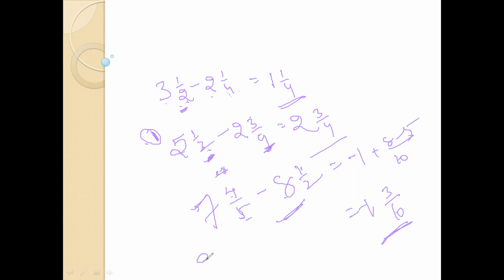Suppose the values are in this form: 9 1/2 minus 7 3/5. Here the half value is 0.5 and 3/5 is 0.6, so this value is more. So first we take one as carry, making 9 into 8. 8 minus 7 is 1.